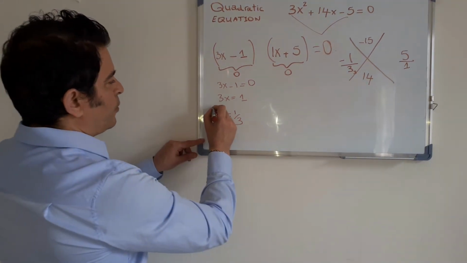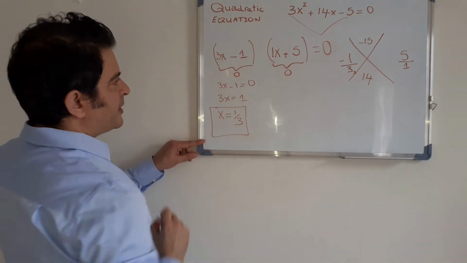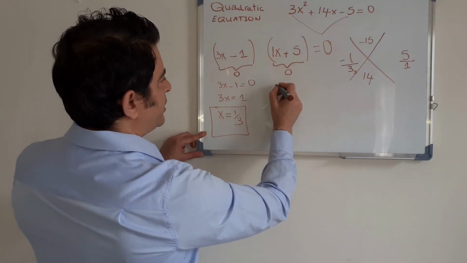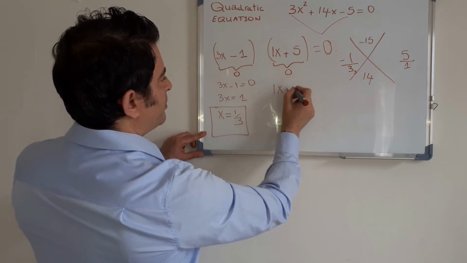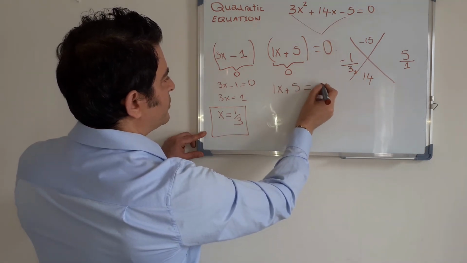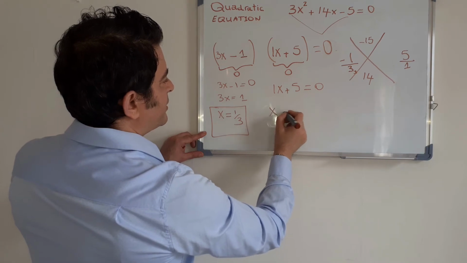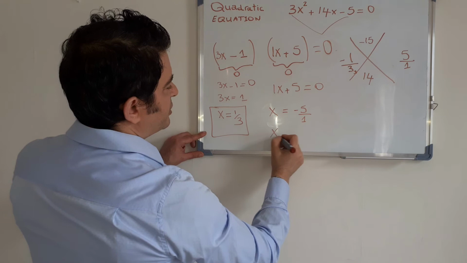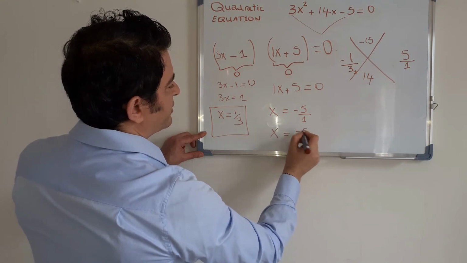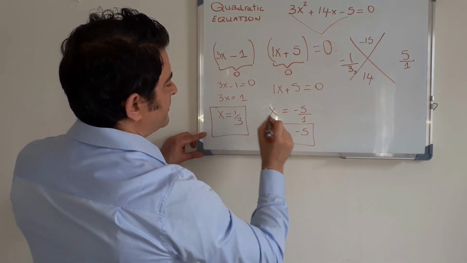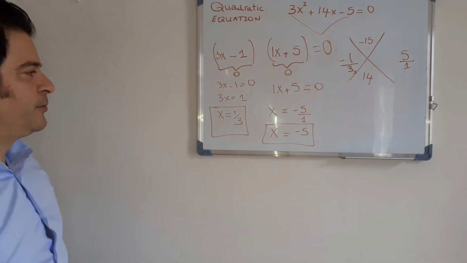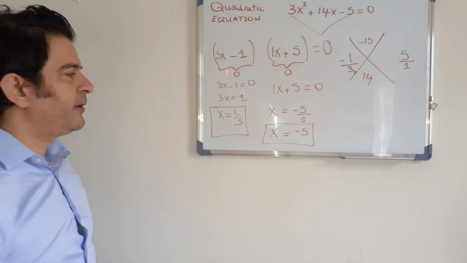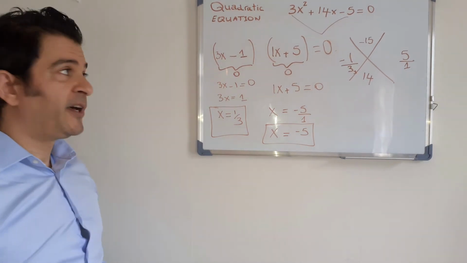Okay, so that's one solution. We do the same thing with the other one. So in here, 1x plus 5 equals 0, x equals minus 5 over 1, which is x equals minus 5. And here we go. So these are the two solutions. Either x equals 1/3 or x equals minus 5.